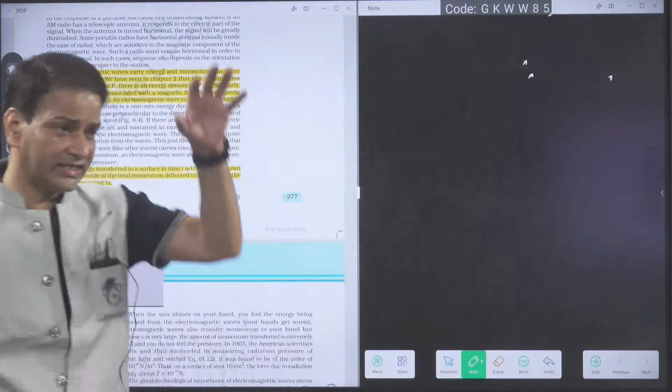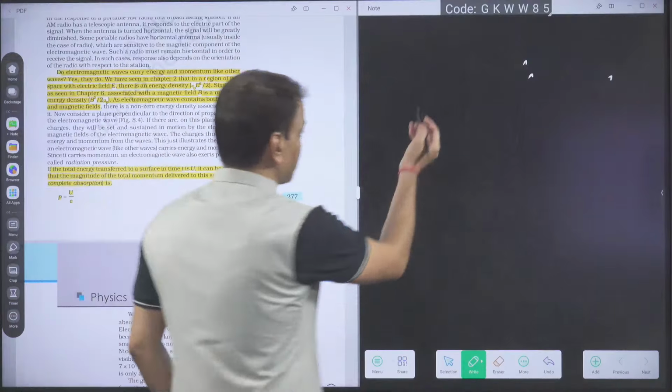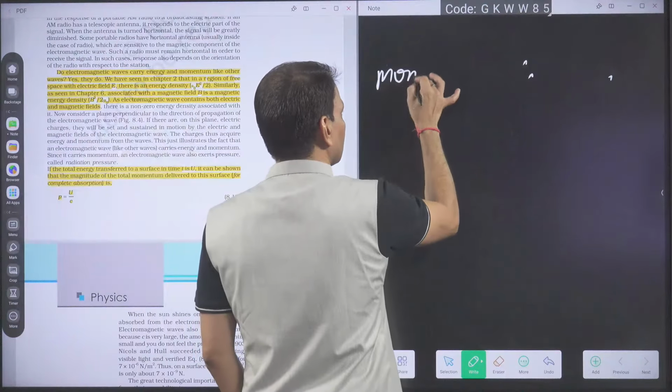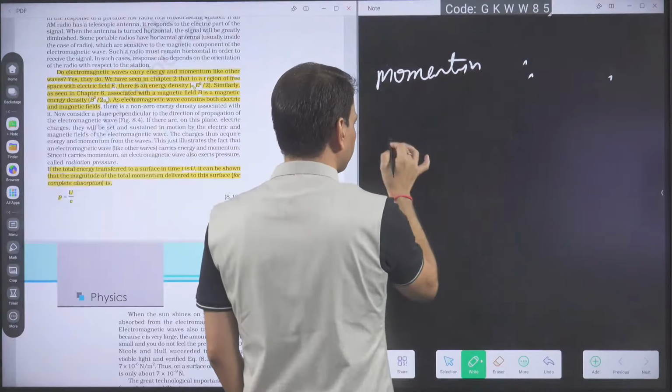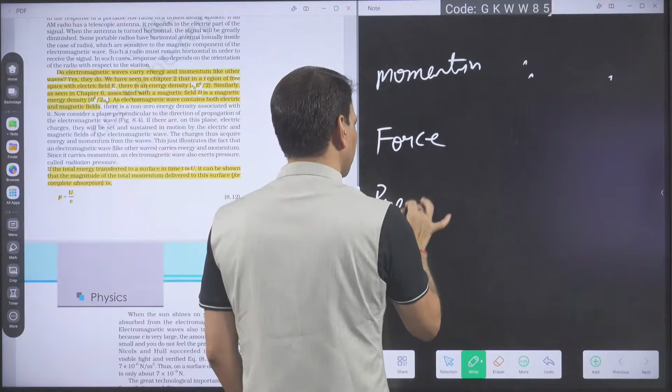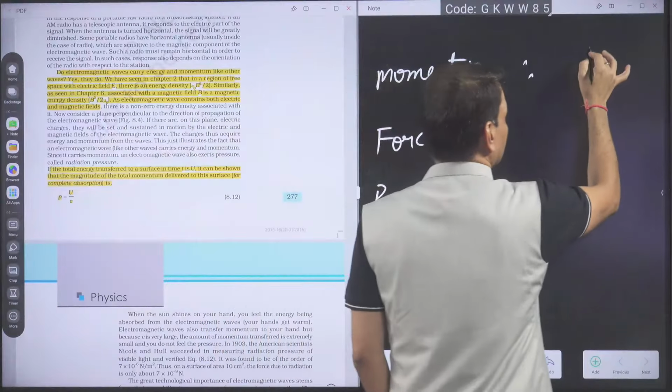So I will say an easy way to remember. Here, momentum, then force, then pressure.